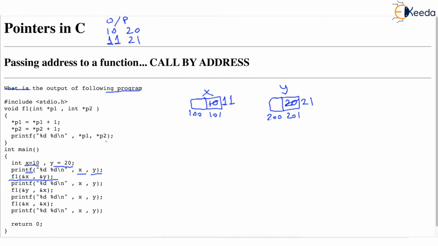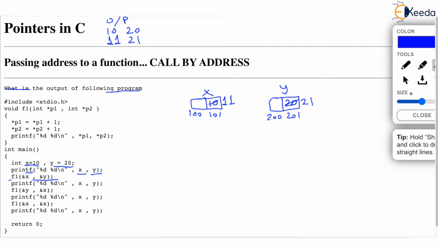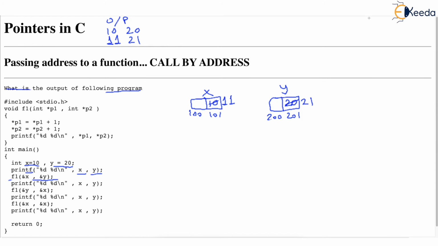Now, where are we back in main? Just observe, we are back here to the printf, isn't it? We are back in main at the statement following the function call. We called this function due to this line. And now we are back in main printing x and y.